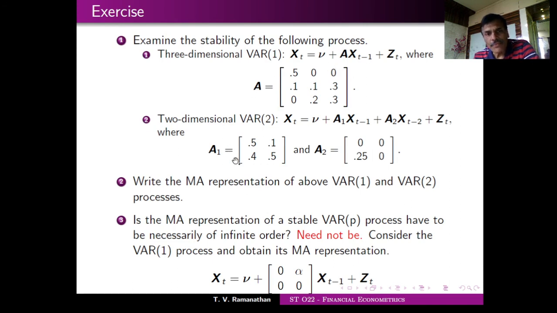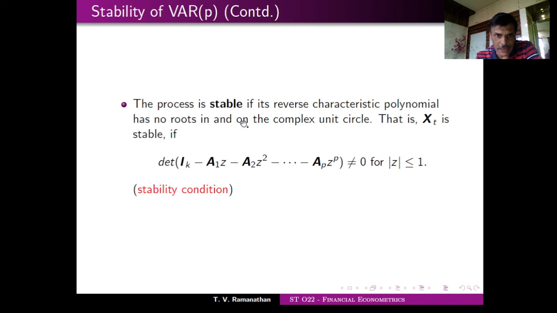Okay? Now, in this case, this is a VAR(1). In the other case, I have considered a VAR(2). So in the case of VAR(2), the equation is the same, like this is the equation. So I will not have these terms. I will have only this term. So you compute I_2 minus A_1 z minus A_2 z squared, the determinant of that matrix polynomial, and then get the roots of that, and show that it is not equal to 0 for absolute value of z less than or equal to 1.